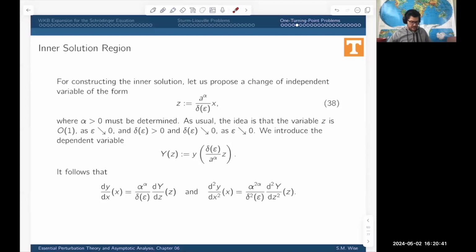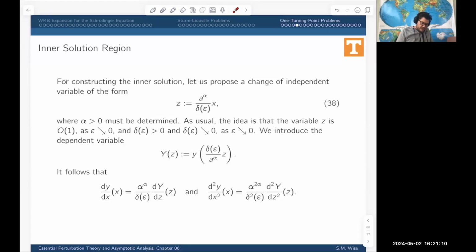Otherwise, it's pretty much standard. So this z is the stretched variable, and it has a pretty much standard form x over delta, where delta is a function of epsilon that goes to 0 as epsilon goes to 0. So delta is usually going to be equal to epsilon or epsilon to some positive power.